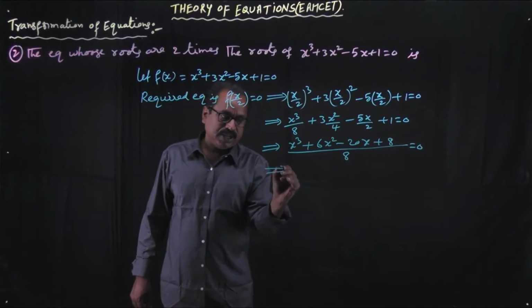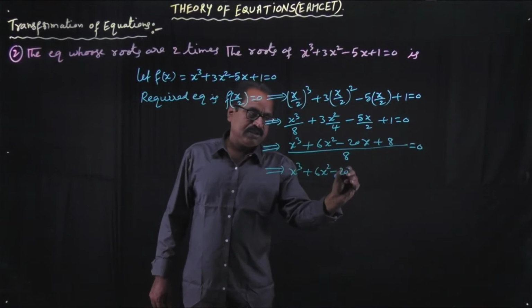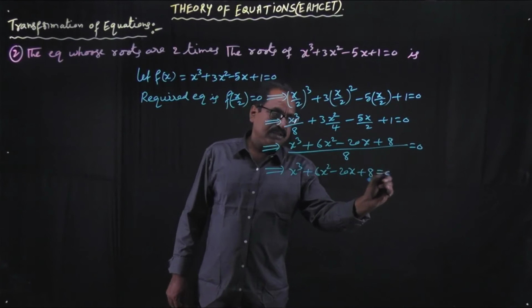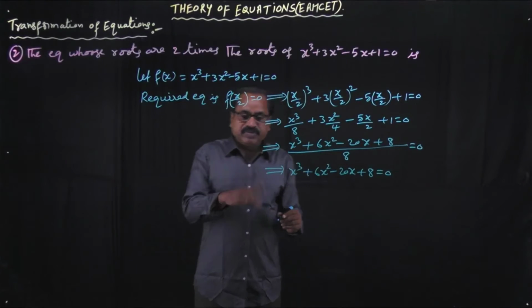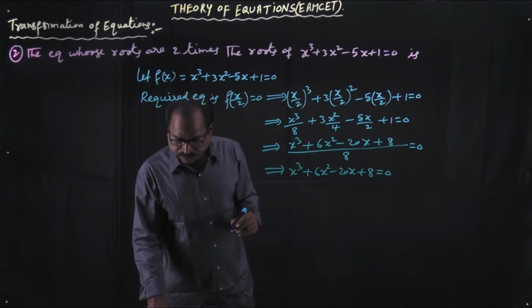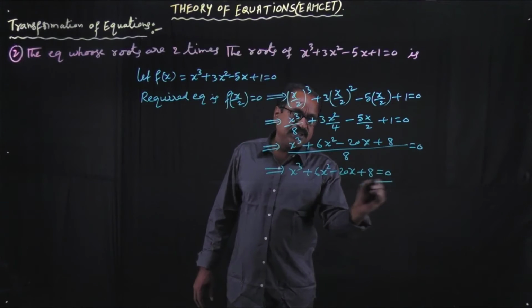So this implies x cube plus 6x square minus 20x plus 8 is equal to 0. So the required equation is x cube plus 6x square minus 20x plus 8 is equal to 0.